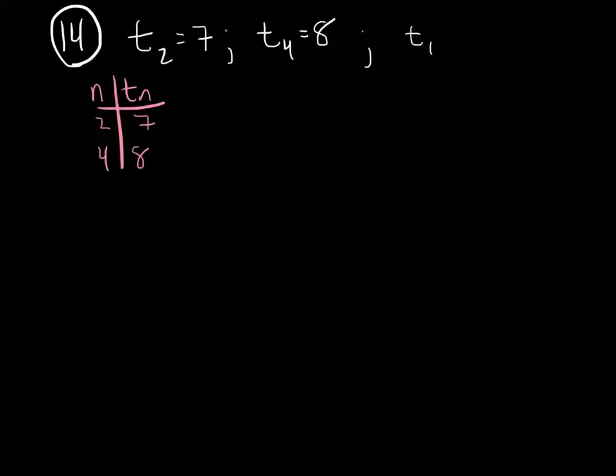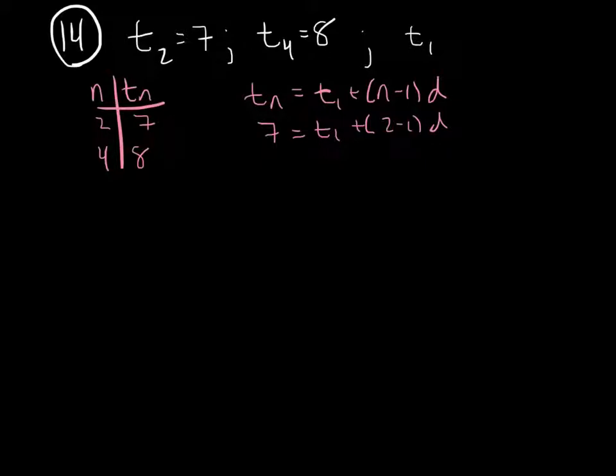There are a couple of different ways we can do this. I'm just going to use our formula: t sub n is equal to t sub 1 plus n minus 1 times d. There are other ways to do this, but this way will work for most every one you see. You get 7 is equal to t sub 1 plus 2 minus 1 times d, and 8 is equal to t sub 1 plus 4 minus 1 times d.